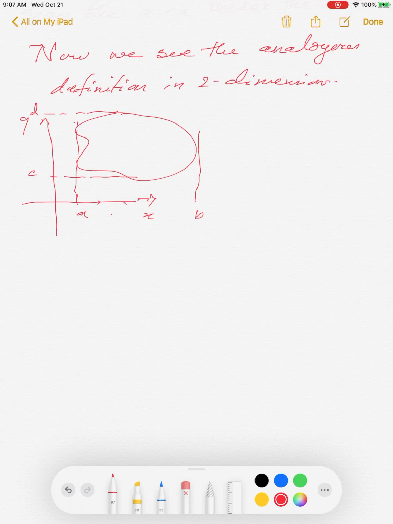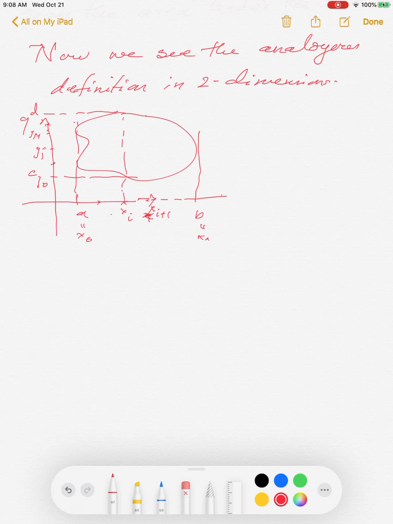And let's take a partition by picking points on the x-axis and points on the y-axis. So I call these points a equal to x_0, b equal to x_n, and in between I will get x_i and x_{i+1}. Similarly, y_0 is c, y_j and y_{j+1}.